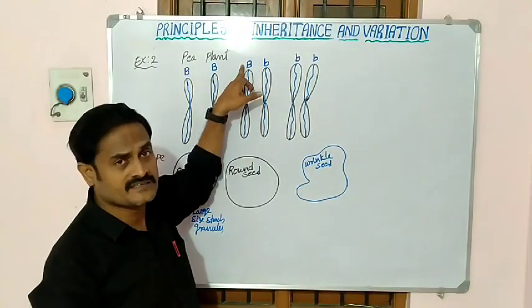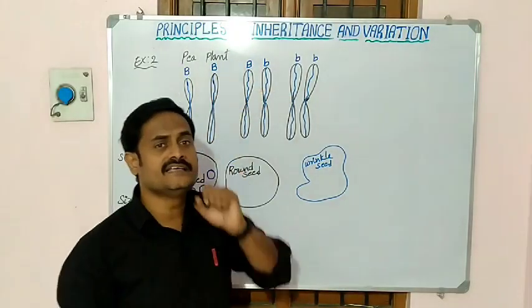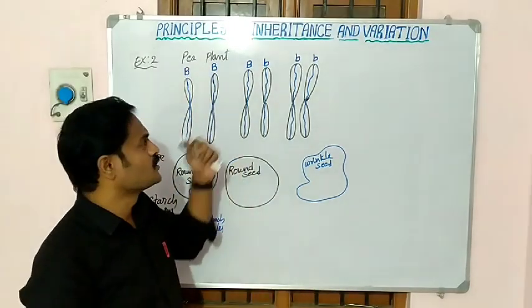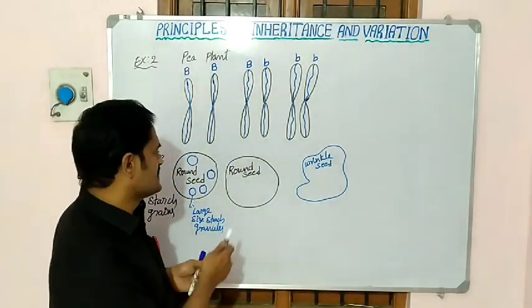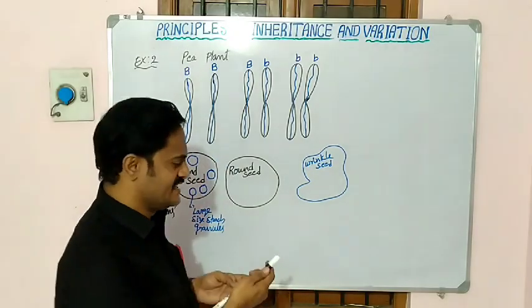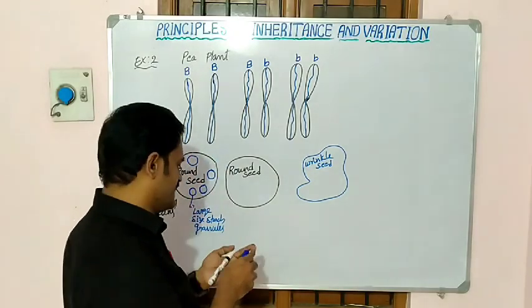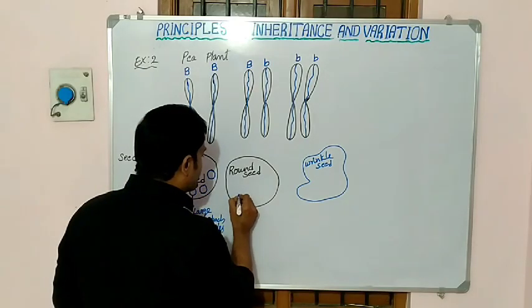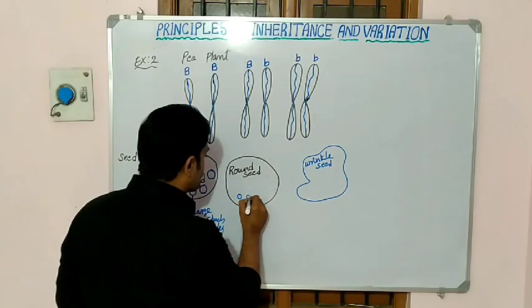This is dominant, but this dominant allele does not produce 100% of the protein here. For that reason, one specialization we notice here. What is the specialization? Intermediate starch grains will form here.